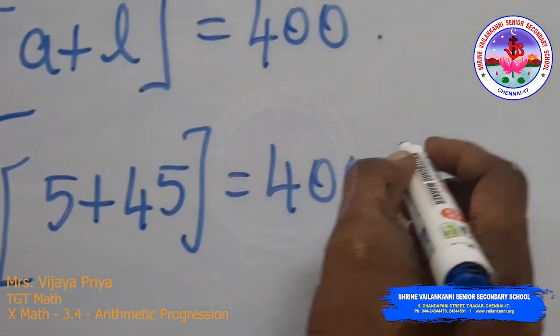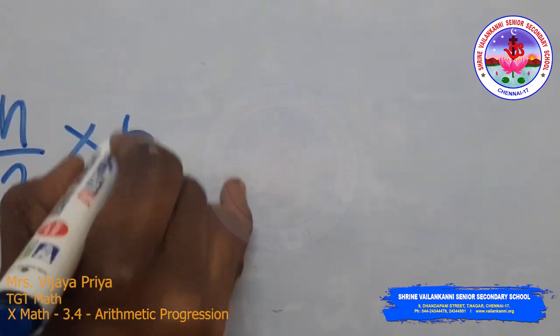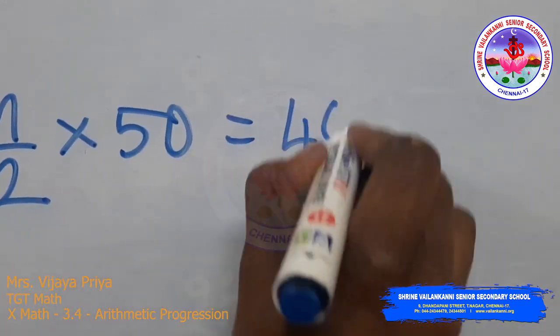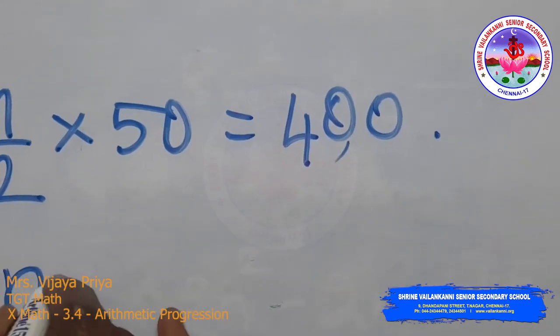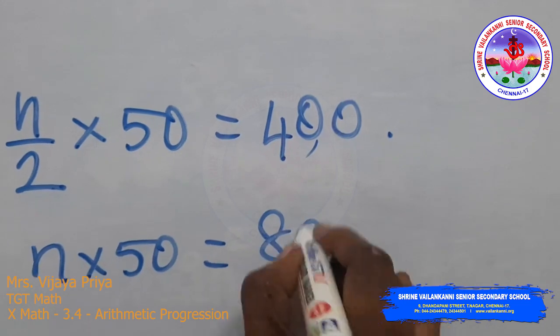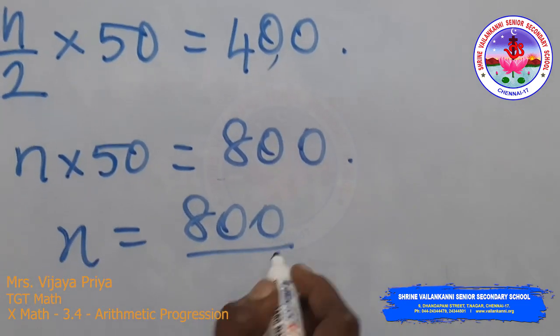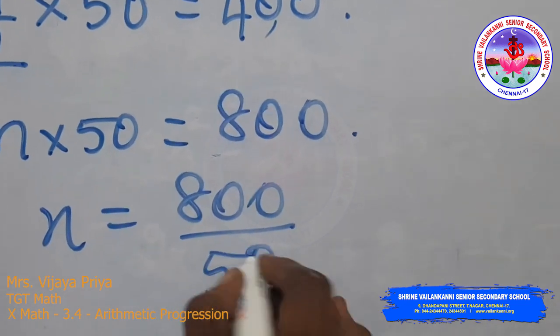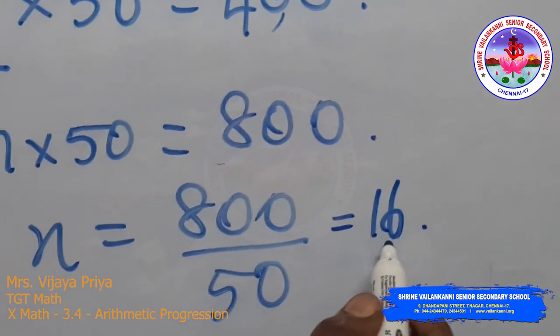So n by 2 into 50 is equal to 400. So bringing this 2 to that side, 400 into 2 becomes 800. So n is equal to 800 divided by 50, which is 16. So I got my n as 16.